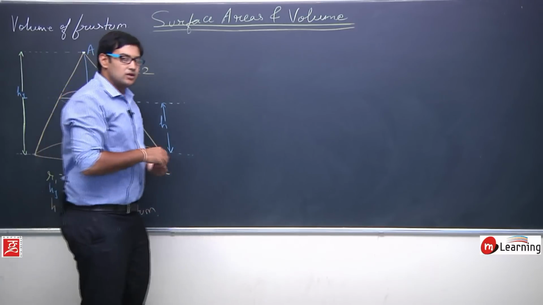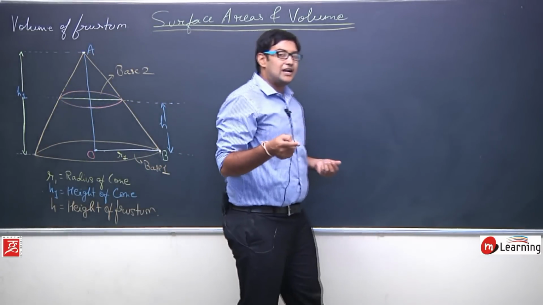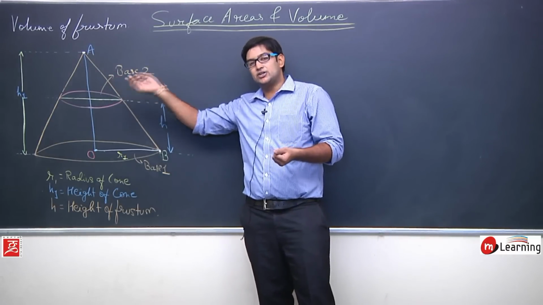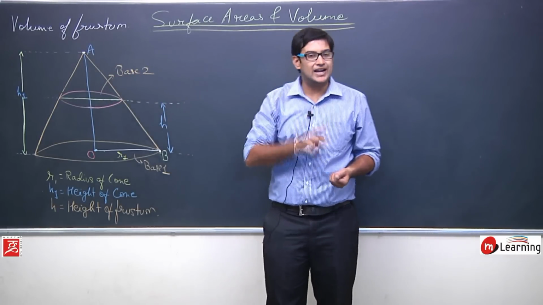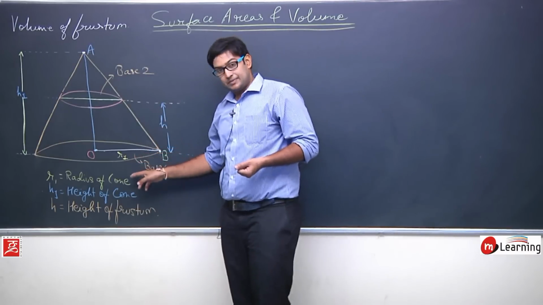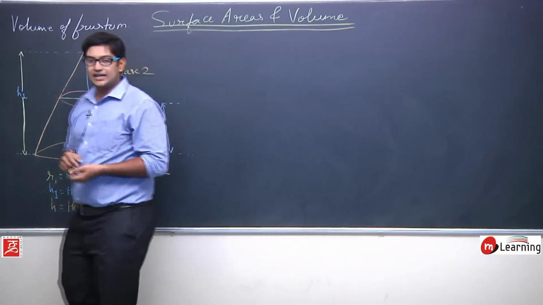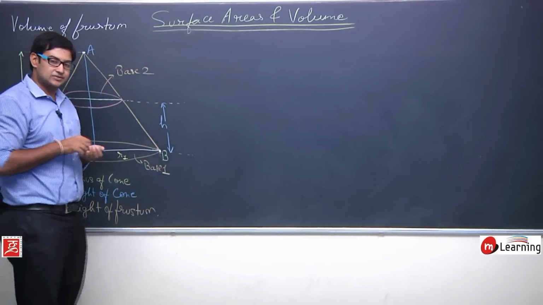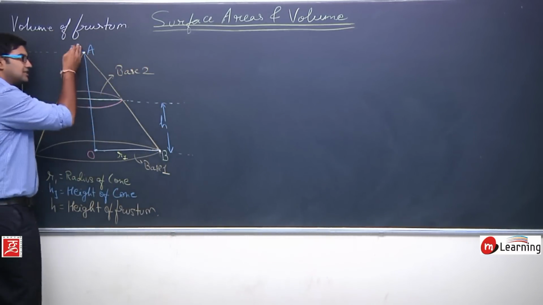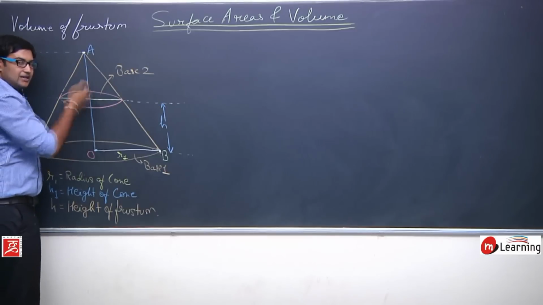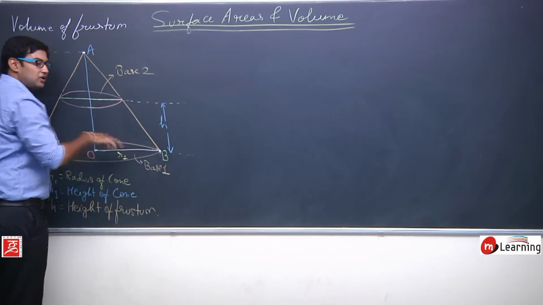Now remember, I told you that for frustum we have two bases, this is first base, this is second base. So definitely for two bases we have two radii. So this is one radius and another one will be this one. So this second radius, how to mark this second radius? I can see that this is a line which joins the apex to the base, and this line is perpendicular to the horizontal.